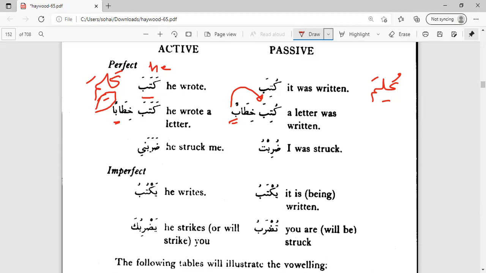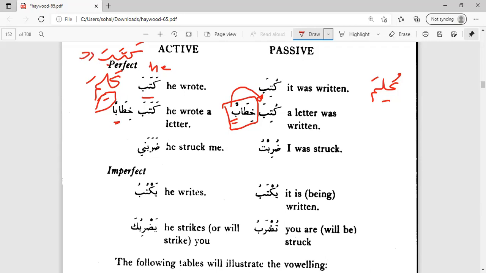Why we say that is because the subject will be marfu, right, or nominative, the same as with the active verb.